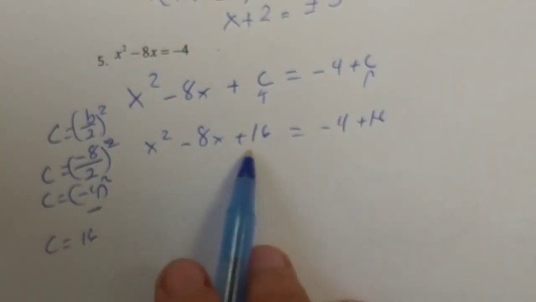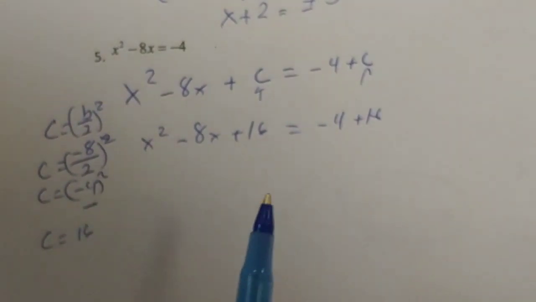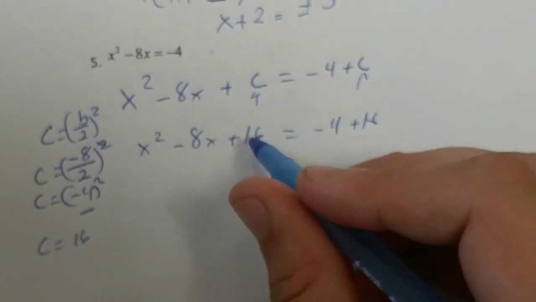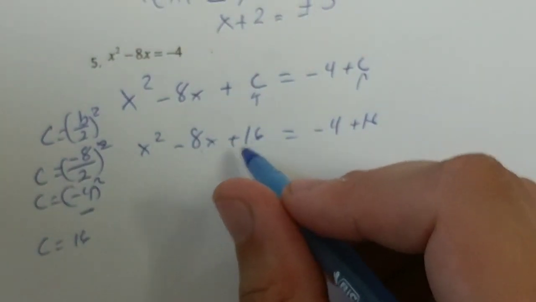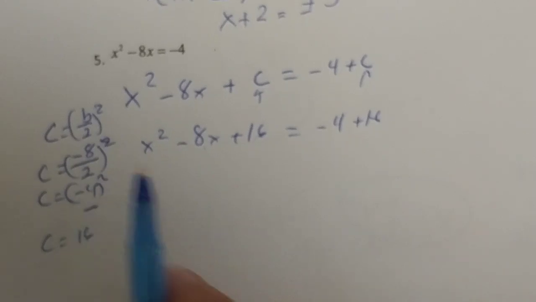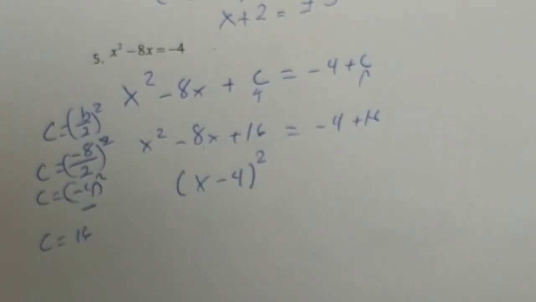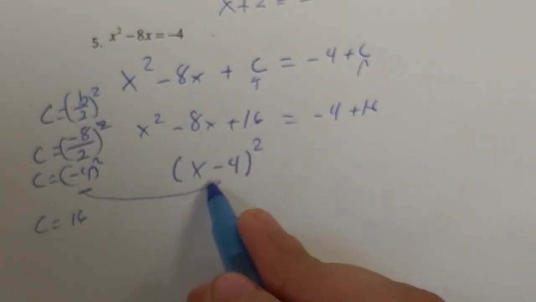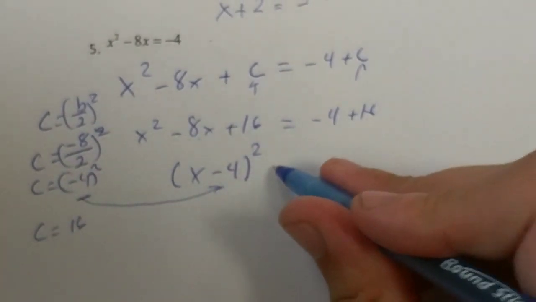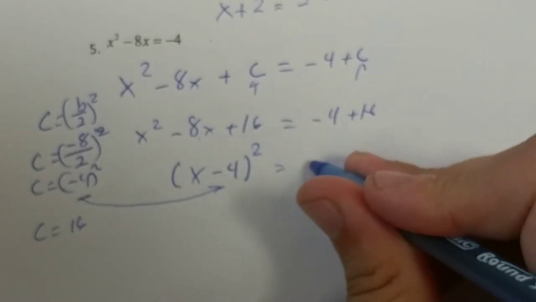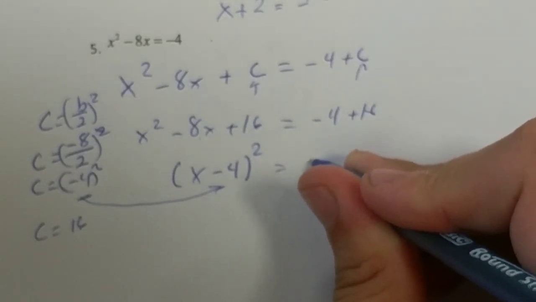On the left side, I'm going to factor. Things that multiply to 16 and add to negative 8 are negative 4 and negative 4. That's not random. That's really going to happen every time. So x minus 4 squared equals negative 4 plus 16, which happens to be 12.